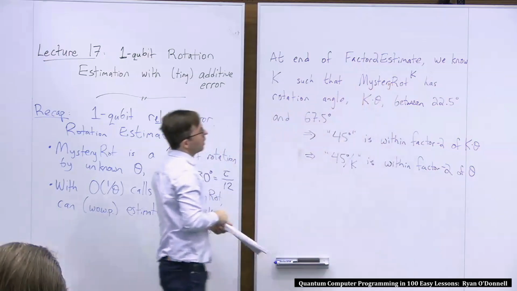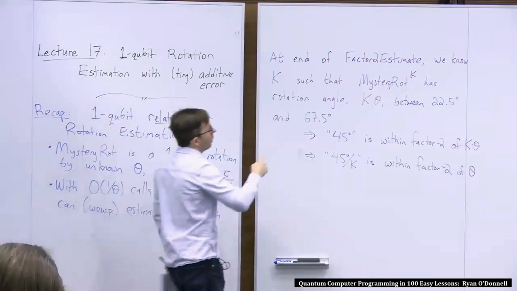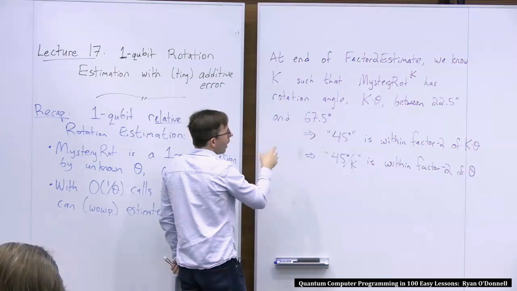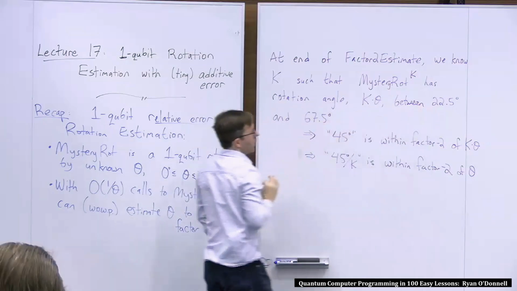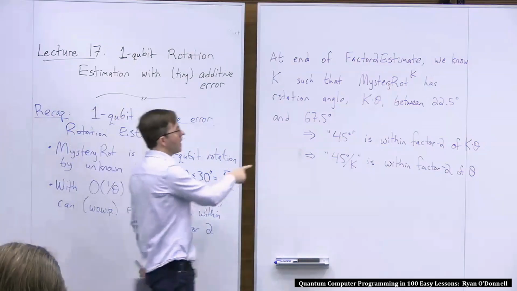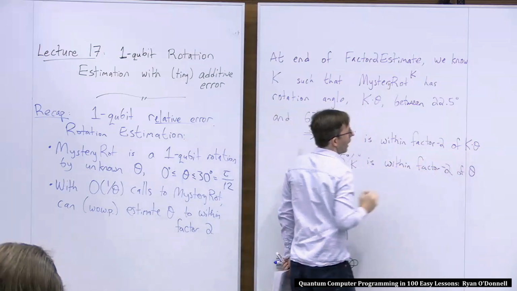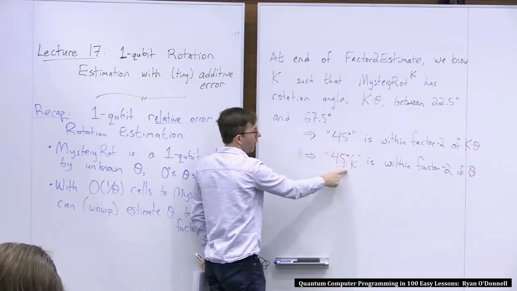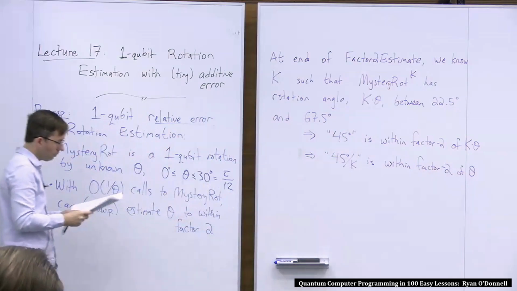It considered the mystery rotation done k times in a row, and that subroutine has a rotation angle of k times theta, and it kept testing until it found that k theta was somewhere in the neighborhood of 45 degrees, so between 22.5 degrees and 67.5 degrees. And then, okay, great, 45 degrees is a pretty good guess for k times theta. It's within factor 2 of k times theta. Then you just divide this by k, and you get that this estimate, 45 degrees divided by k, is within factor 2 of theta, which was your goal.